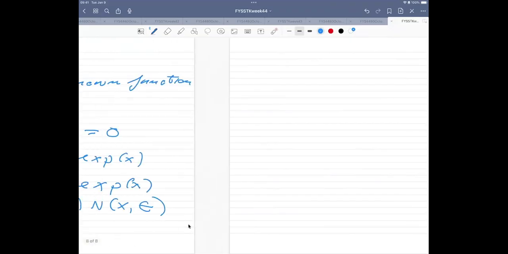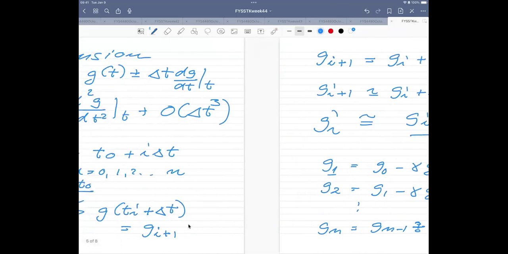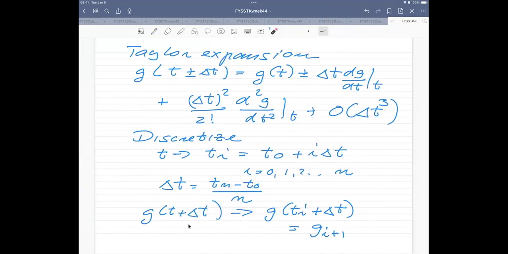So when we go back a little bit here and you look at the standard equations, like this one, the Taylor expansion, if I add t plus delta t, and then I add t minus delta t, what happens then is that the odd terms cancel. And then I'm left with 2 times this guy plus the second derivative.